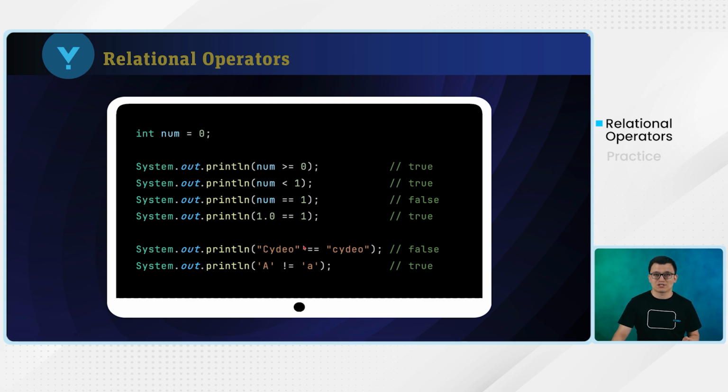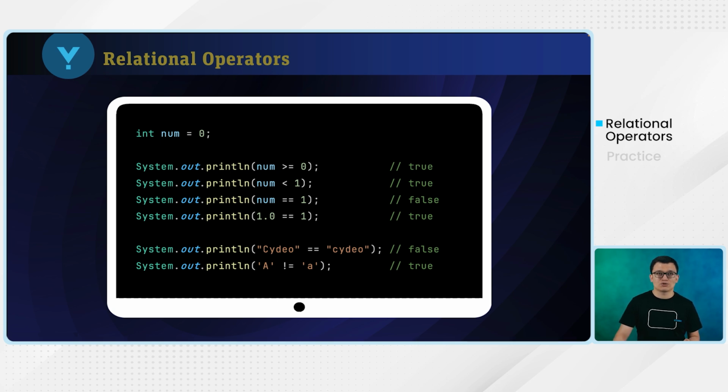If those two strings are the same object, it will return true, otherwise it will return false. The reason it's returning false is because Java is a case-sensitive language, and here you have the lowercase c. When you use this not equal operator, it will return true if the two operands are not equal. So here we got true.